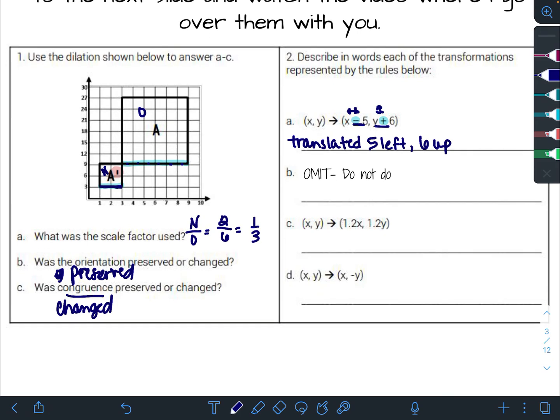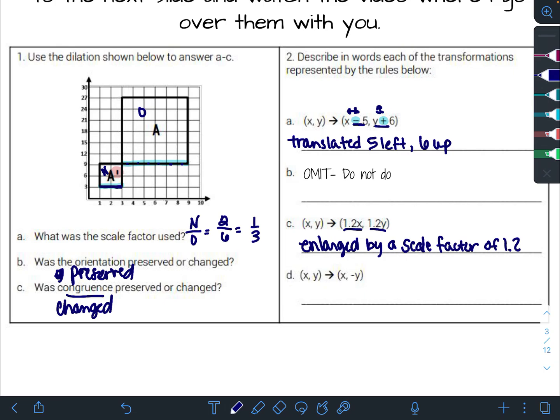On C, I know that anytime I'm multiplying something by my x and my y value, that was a dilation. This scale factor is greater than 1, so we know that it enlarged by a scale factor of 1.2.